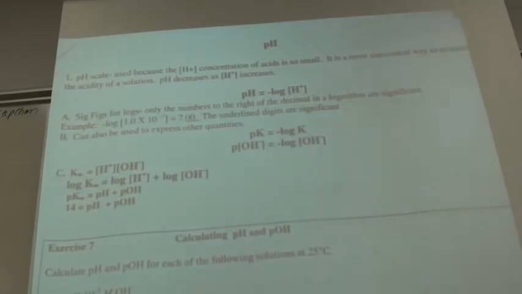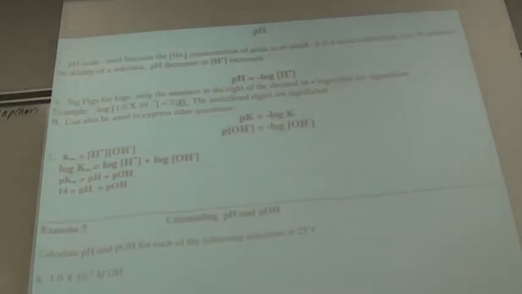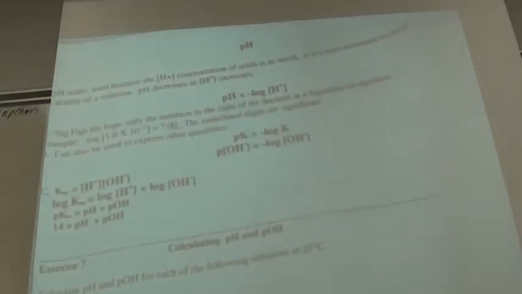All right, yesterday we talked about pH, and you calculated the pH and the pOH of a couple of things. And then we talked about the pH of strong acids and strong bases, and you knew that if you knew the pH of the strong acid or the strong base, you also knew the concentration of the hydrogen ion or the OH ion, and you could take the negative log of that and find the pH or the pOH.